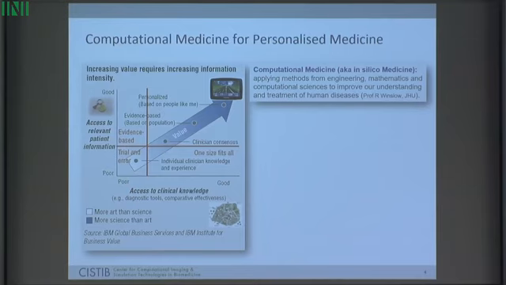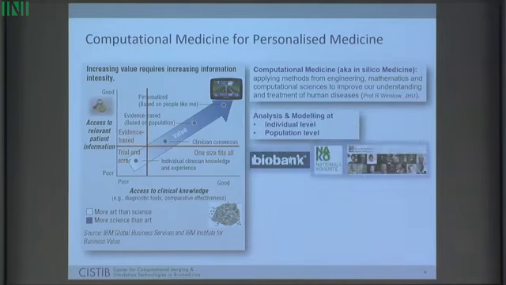So you need both. And what computational medicine tries to do, which is basically bringing together engineering, medicine, computer science and mathematics, is work at these two levels. On the one side, do analysis and modeling at the individual level, which is what we have been doing for a long time, but also, and more importantly, getting now into this population domain or large database domain, because you can only build charts.